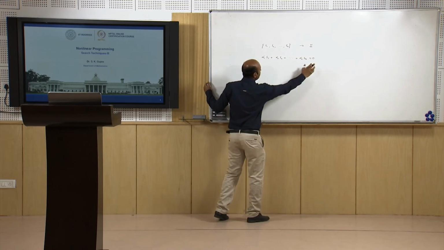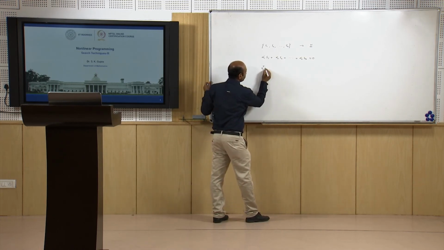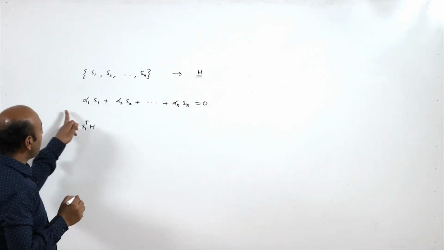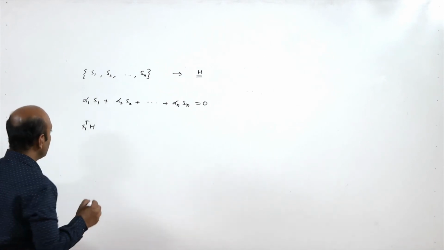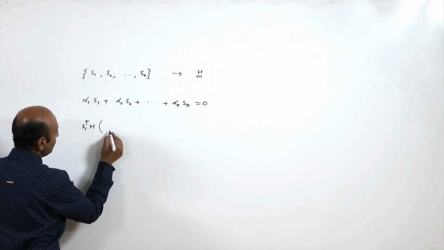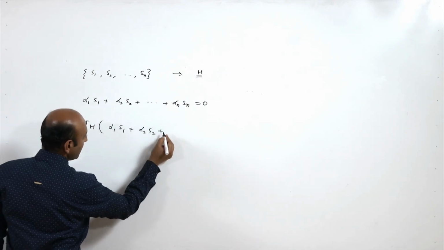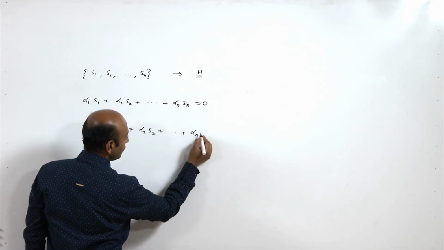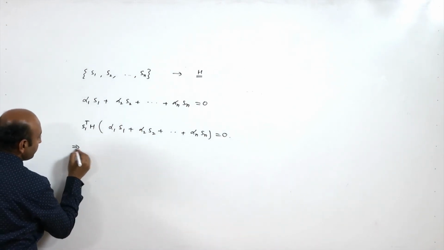So, you multiply both sides by, suppose, S1 transpose H. What do we obtain? S1 transpose H times (alpha 1 S1 plus alpha 2 S2 and so on up to alpha n Sn) equals 0.